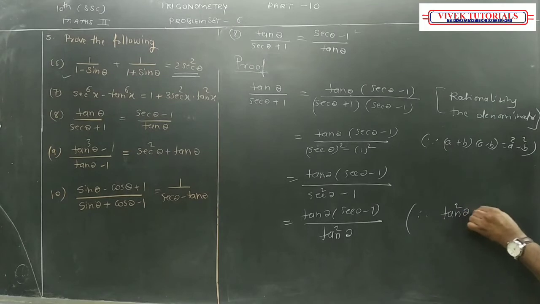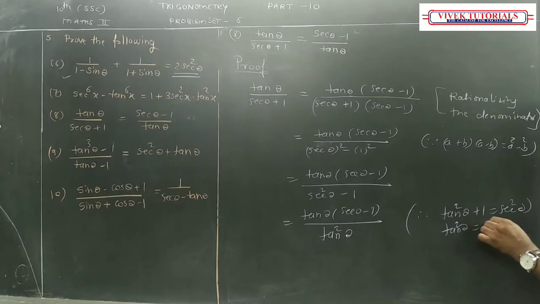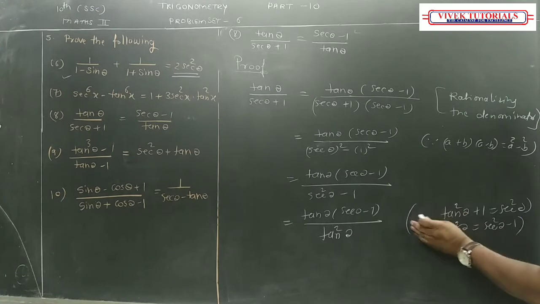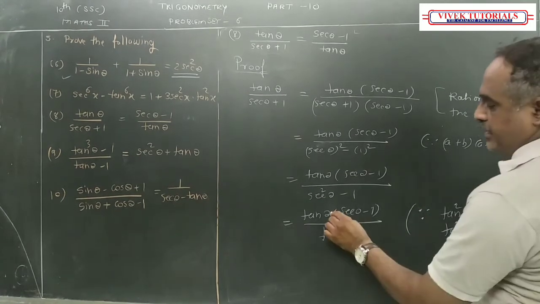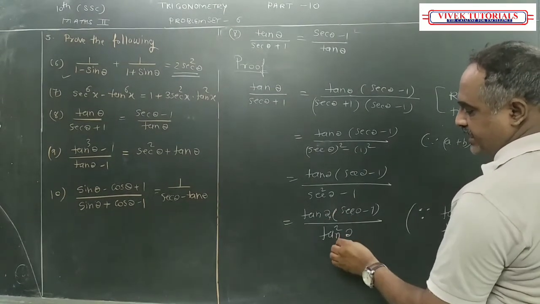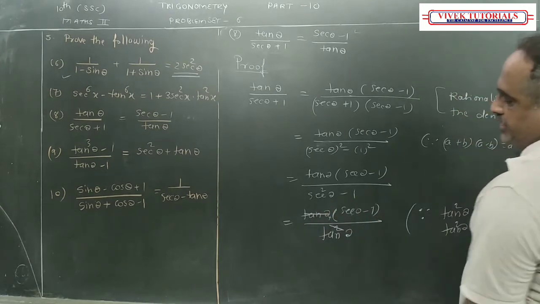Tan square theta plus 1 is equal to sec square theta, means tan square theta is equal to sec square theta minus 1. Here tan theta is in the numerator and tan square theta in the denominator, so one tan theta cancels.